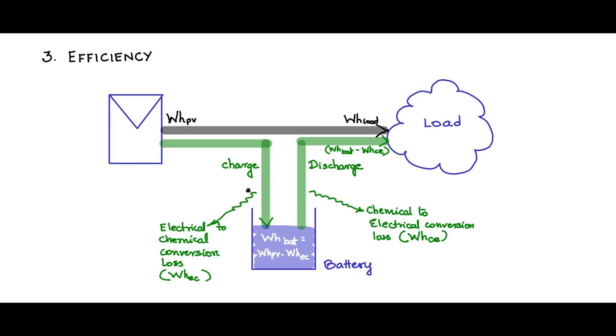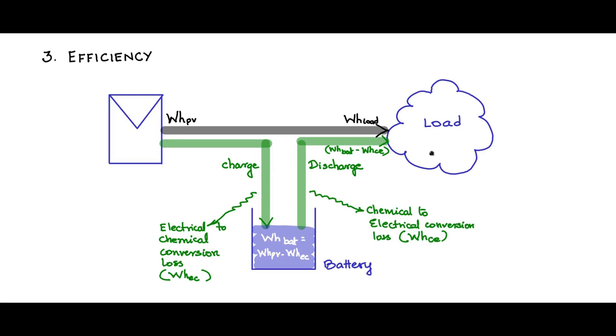So you have a loss during the charging portion, WHEC. You have a loss during the discharging portion too, which is called WHCE, and these two have to be subtracted from the original WHPV that has been generated or given from the PV panel.